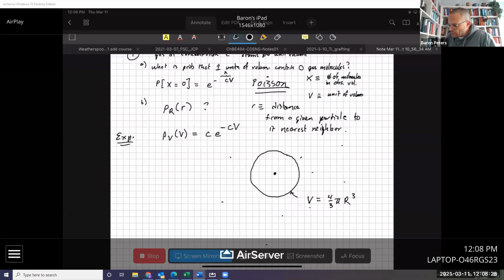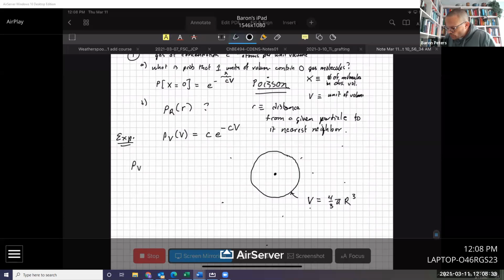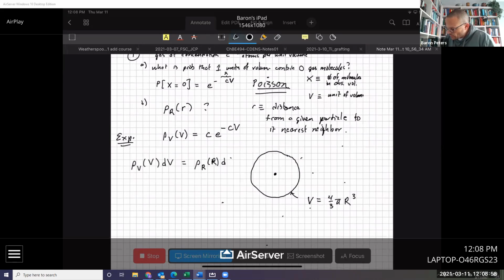And if they mean the exact same thing, then if rho of V dV represents the probability that I find the first particle in this little slice of thickness dV around my initial volume, then rho of R dR should correspond to exactly the same measure of probability, right?